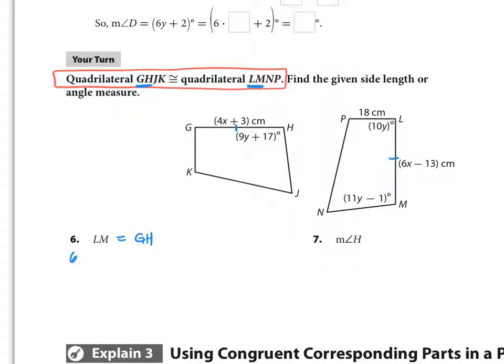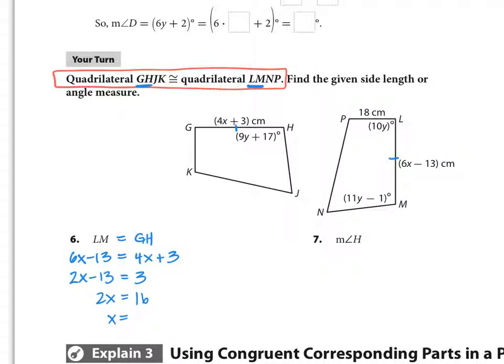LM says it's 6x minus 13. GH is 4x plus 3. So we just solve this equation. We set up the equation by looking at what's corresponding. So I'm going to subtract 4x on both sides. I get 2x minus 13 equals 3. Then we add 13 to both sides. So 2x is 16.